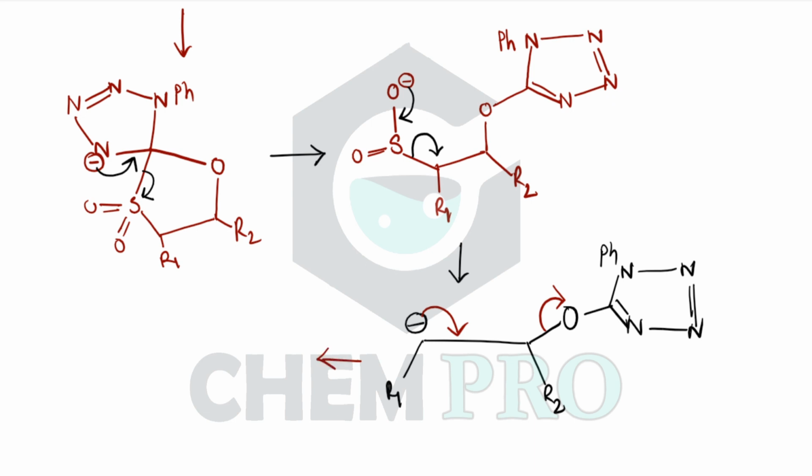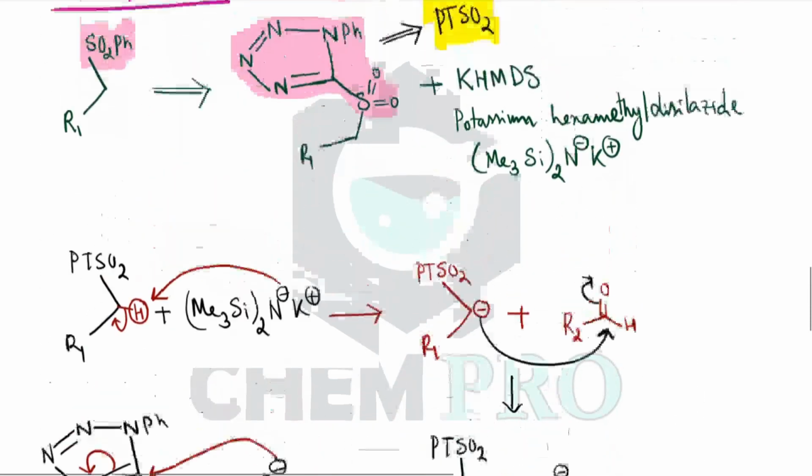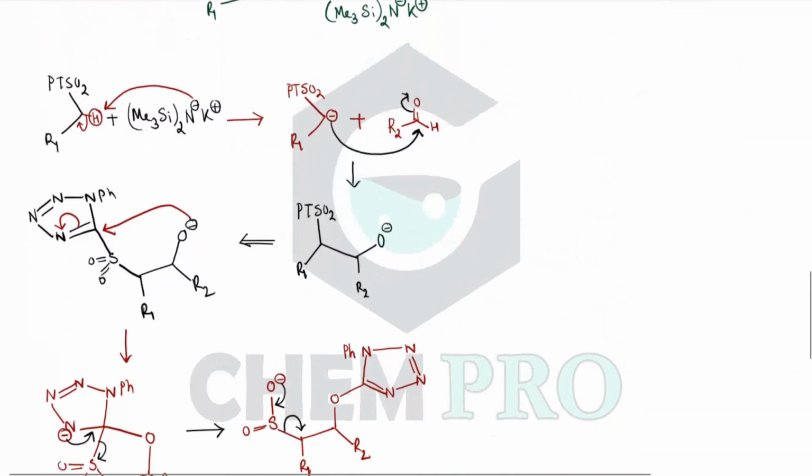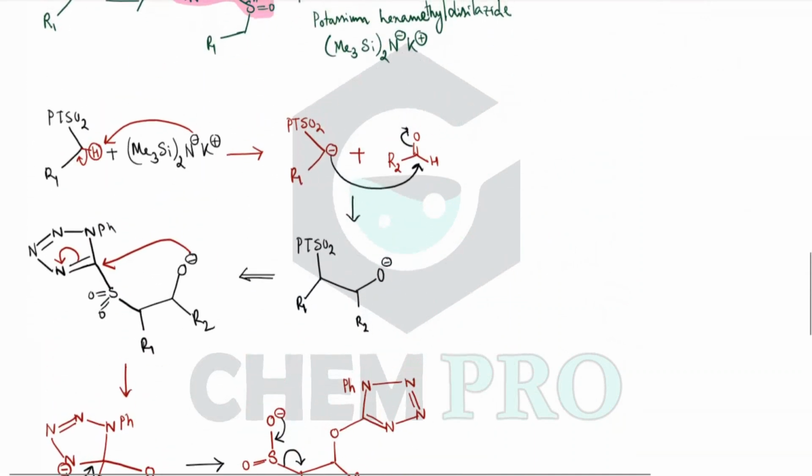So from this we have the desired product, that is R2 and R1 anti to each other, and this is an E-alkene, exclusively an E-alkene. So this is the overall modification of this reaction. This is the whole mechanism for this reaction.